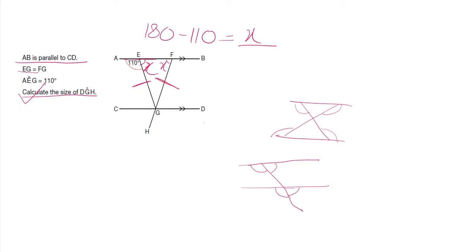Over here we just don't need to use all these things. We just need to consider that this is the parallel line, and in parallel lines, the alternate angles will have the same angles. So over here this angle will be equal to this side DGH, and that would be equal to 110.